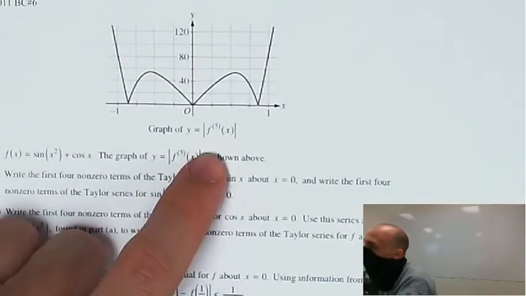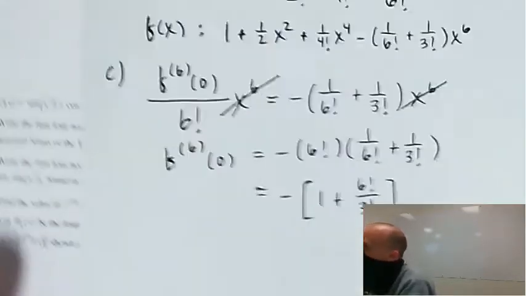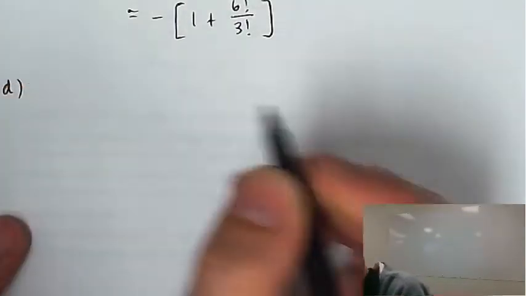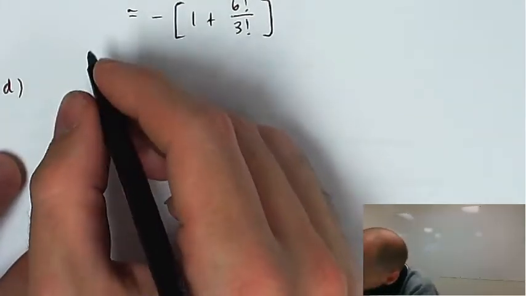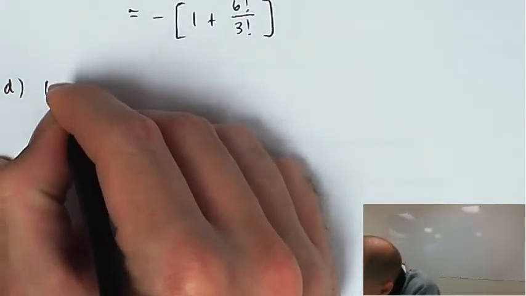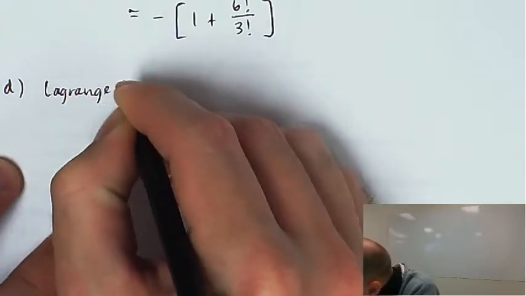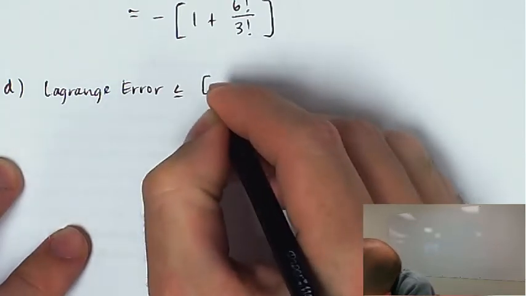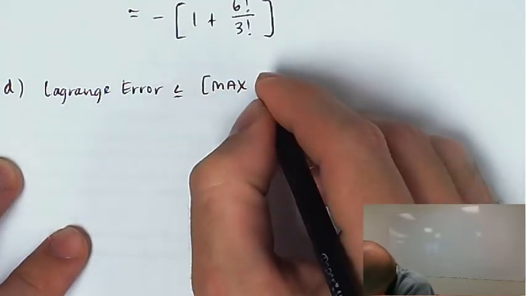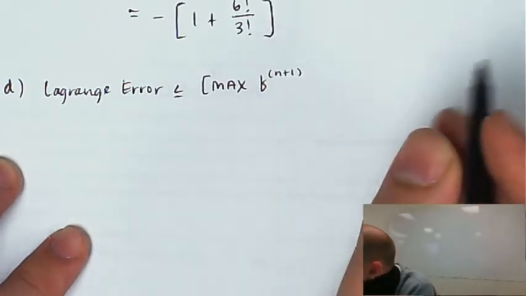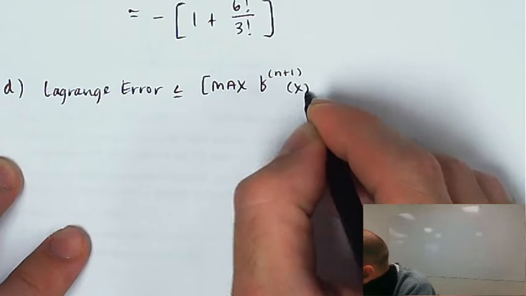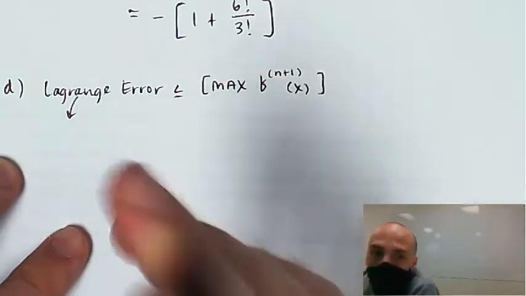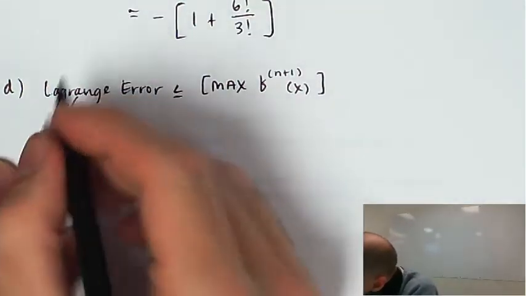I'm going to show that there so I can come back to it. But for part D, just to remind you of how the Lagrange error bound works, because it's been a second, its error is no more than, we're going to maximize the next derivative. Okay, but the thing about this is that there's always an implicit approximation going on with this Lagrange error.